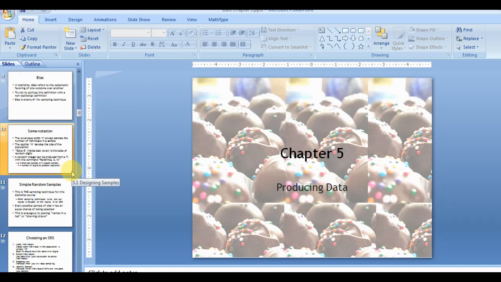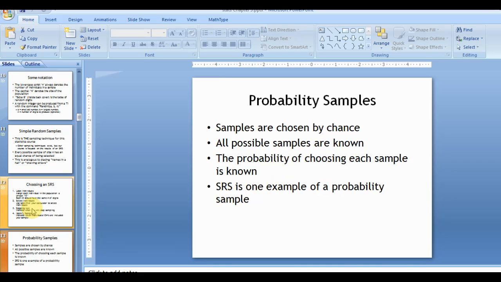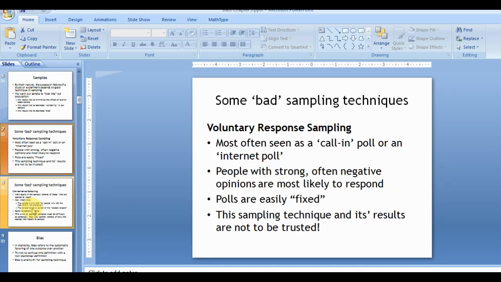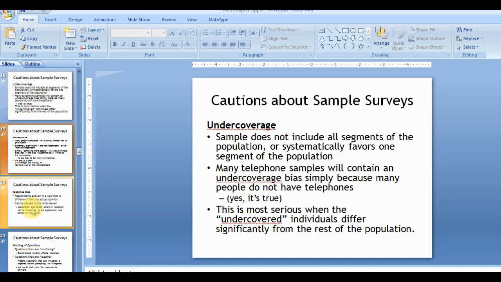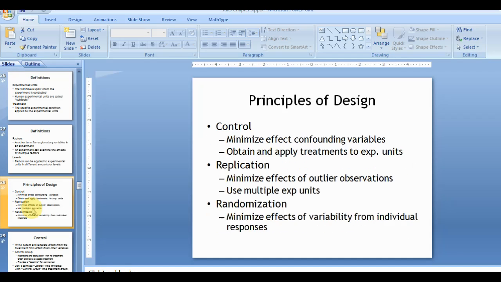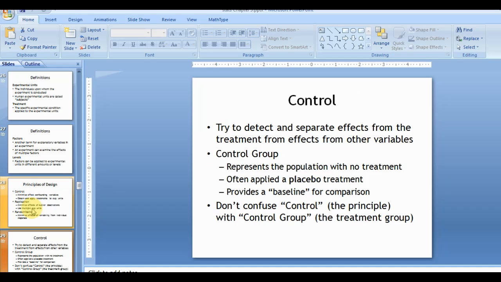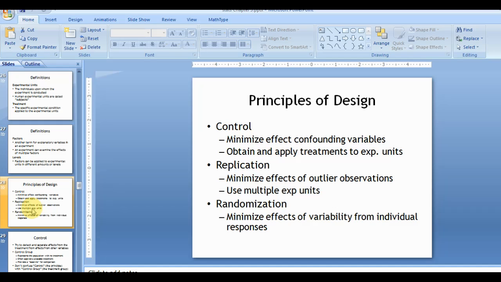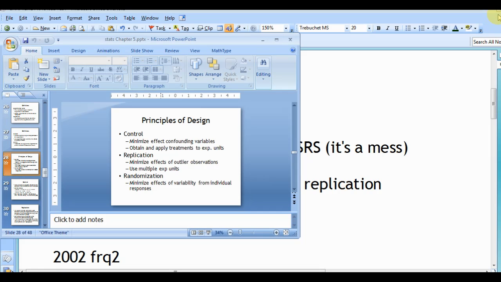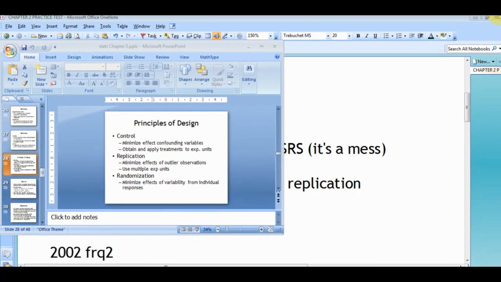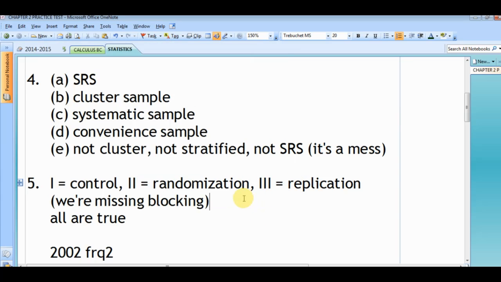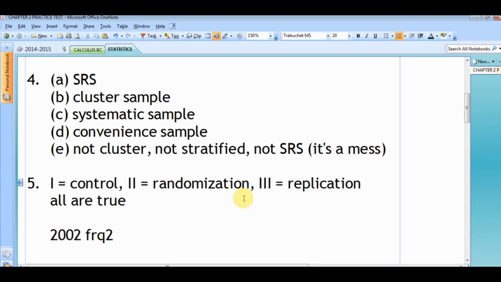Control, replication, randomization. Oh, no, it's just those 3. I can see why you're looking at me like I'm crazy. Just those 3. All are true.